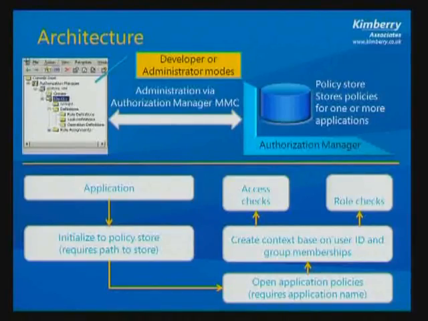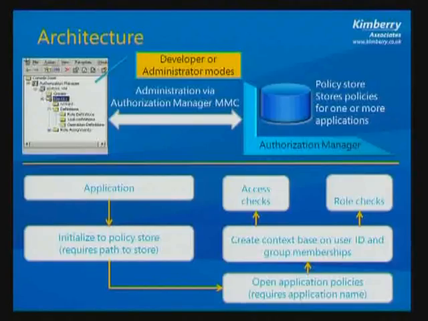And then we make a call against AZMan and say, is this user, or any of the groups this user belongs to, in a particular role? So we can do a role check. Or we can do an access check and say, is this user, or any of the groups the user belongs to, allowed to perform this particular operation? So it basically gives us everything we want.